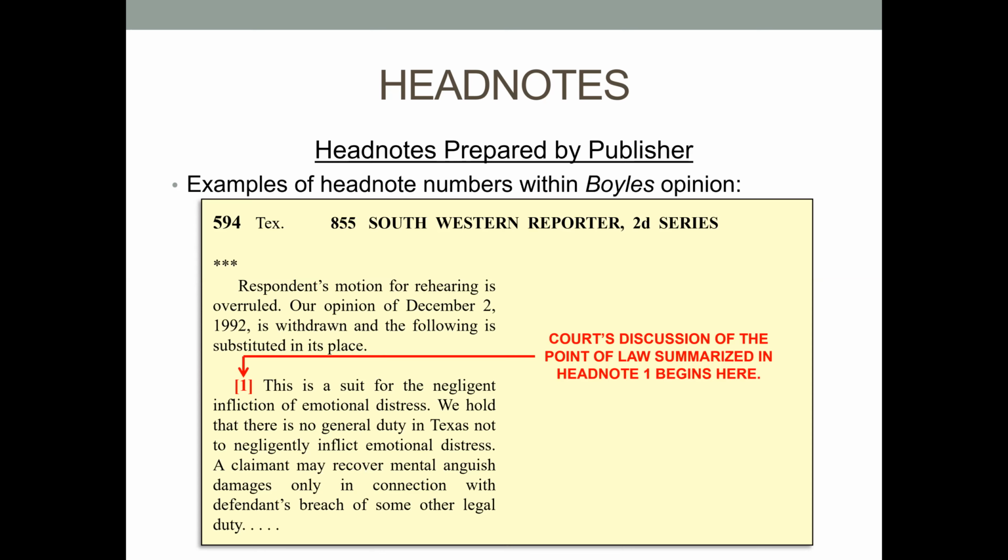Very early on in the Boyles opinion, we have a paragraph that begins with the bracketed numeral 1. West's editors inserted this bracketed number here to show you that beginning with this paragraph, the court is beginning to discuss the point of law summarized in headnote number 1.